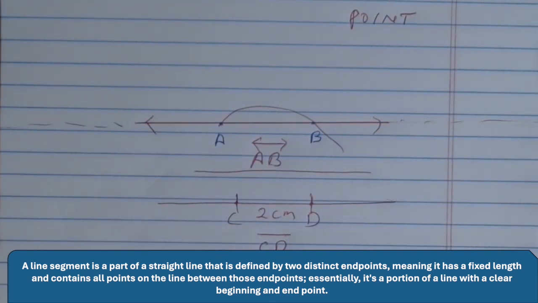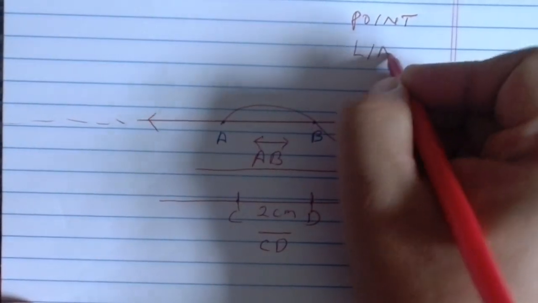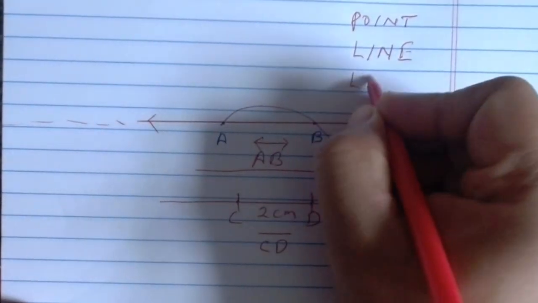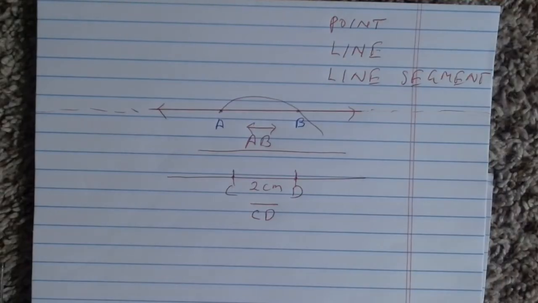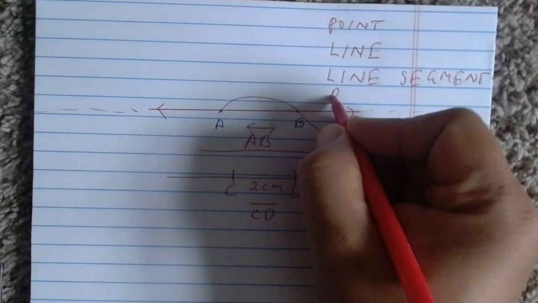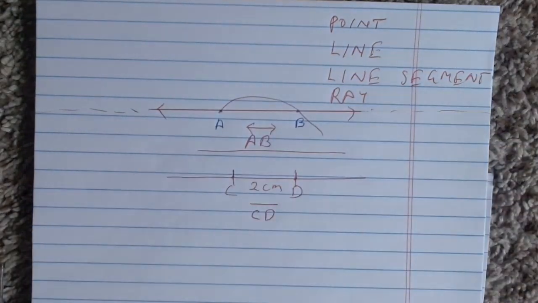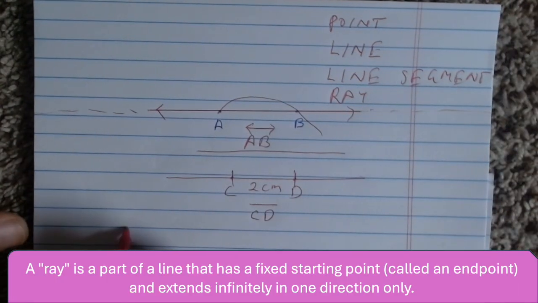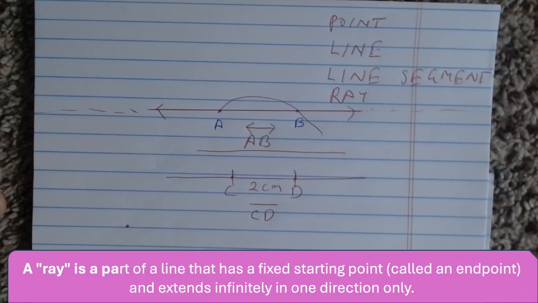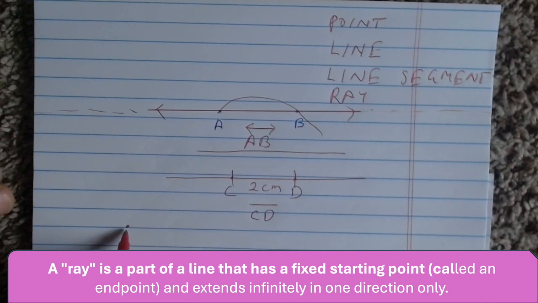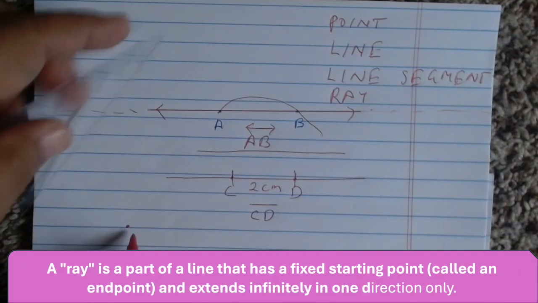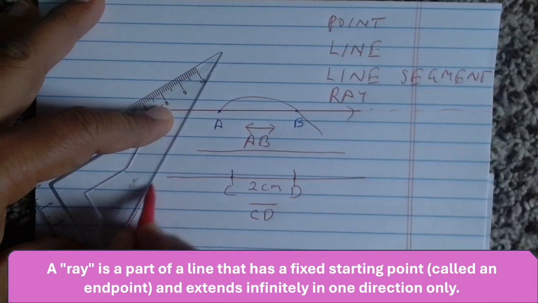Now the third concept which comes in lines. So we saw point, then we saw line, and we saw line segment. Now the last concept which comes is a ray. A ray has one point which is a limiting point, which means it's a bounded point, and it can extend in the other direction forever.